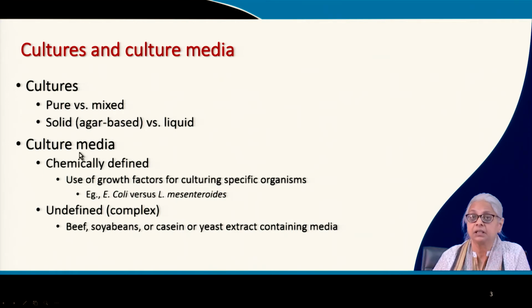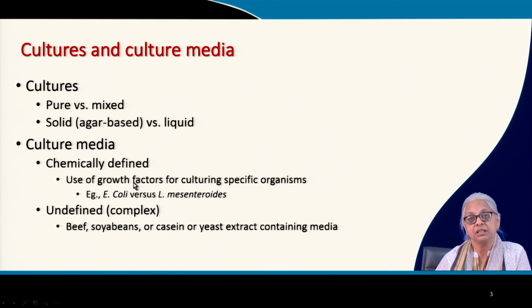These culture media can be chemically fully defined. So you can have very specific chemicals or salts added to the media, and these are called chemically defined culture media, or you can have undefined or complex media. I'll show you examples of all of them. And these chemically defined media may need the use of growth factors.